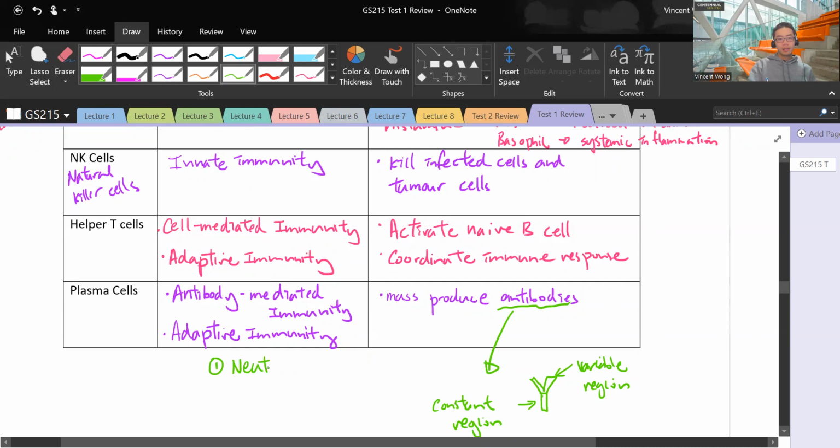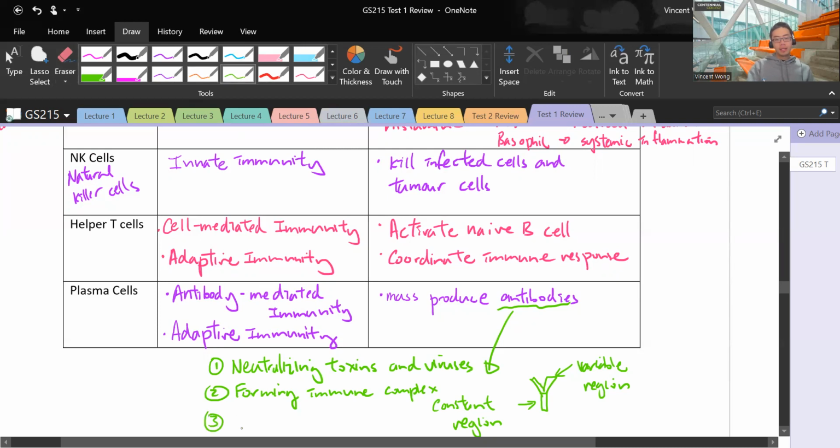Variable region that binds to the antigen that they recognize, and antibody works by neutralizing toxin and viruses, right? Forming immune complex, and making it really big, right? Large clumps that would allow phagocytosis to happen quickly.